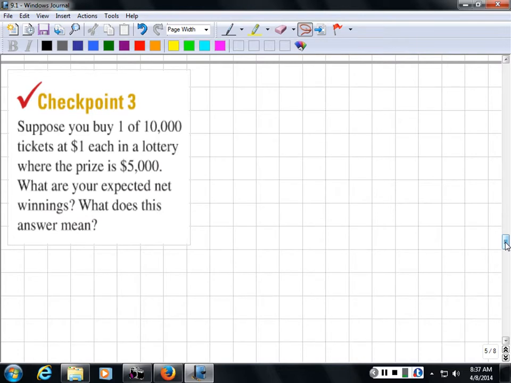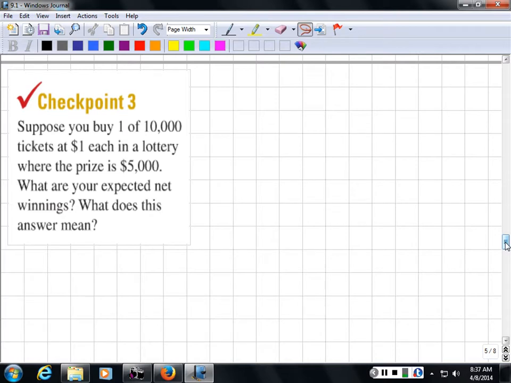Okay, basically that's what it is. And this is how you're going to determine how much you're actually going to lose. So we're going to look at this problem here. Suppose you buy one of 10,000 tickets at $1 each in a lottery where the prize is $5,000. What are your expected net winnings? What does this answer mean?